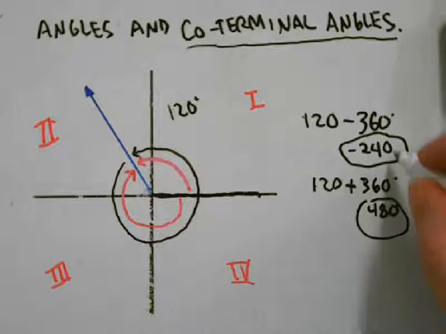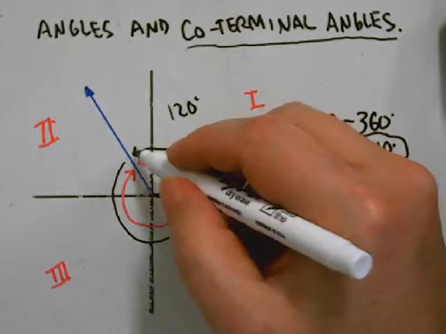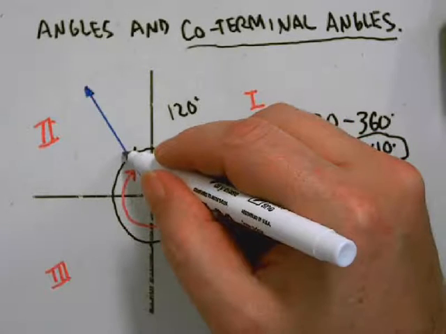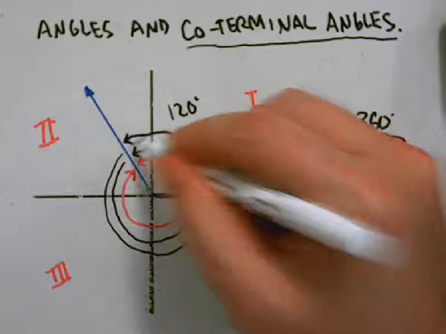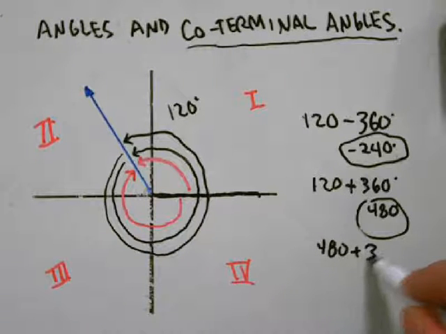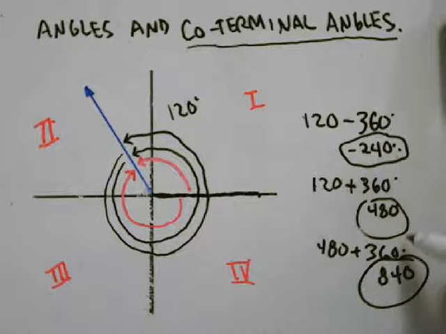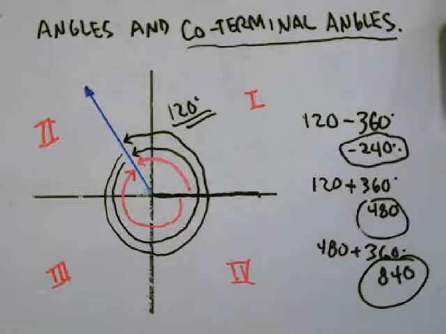You can do that forever. You can make another loop by adding another 360. So 480 plus 360 gives you 840. So there are 3 coterminal angles for the original angle of 120.